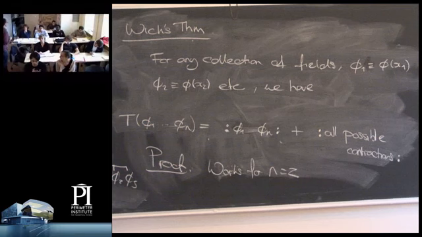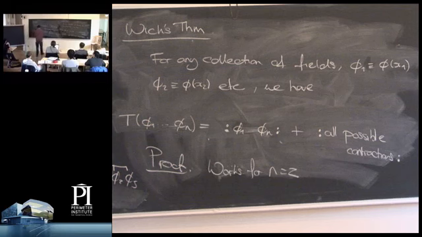Because if the contraction between phi x1 and phi x2 is the Feynman propagator x minus y, and if phi x1 equal and phi x2 equal, then we want to say that the contraction will also be equal to that. Let me try to see what you're saying.